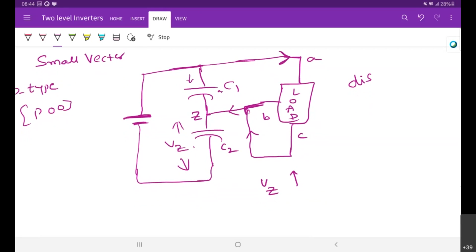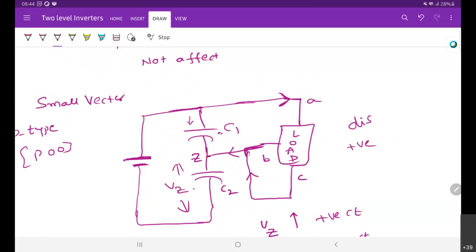Clear? So this is for positive current, right? In case of negative current, that means in case of regenerative, what will happen? If the direction of this current is something like this, then this capacitor is charging, right?